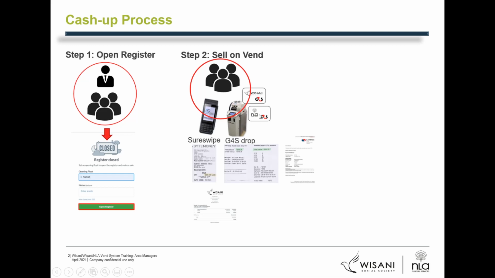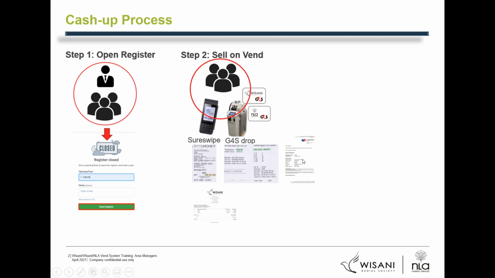Please make sure that you use the correct card when you do your drops. Don't use a Wisani card if it was an NLA payment. If it's a Wisani card, you need to put in the Wisani payments. The same for NLA. Please make sure that you use the correct cards when you do your drops.